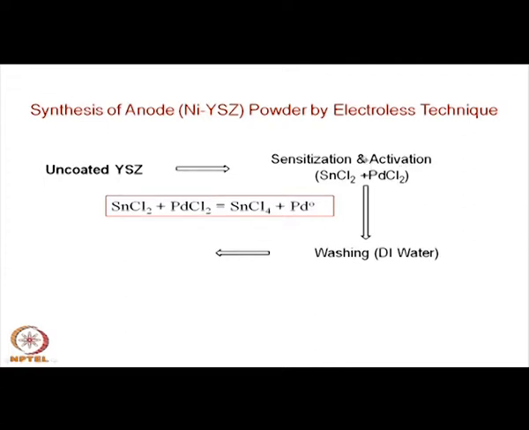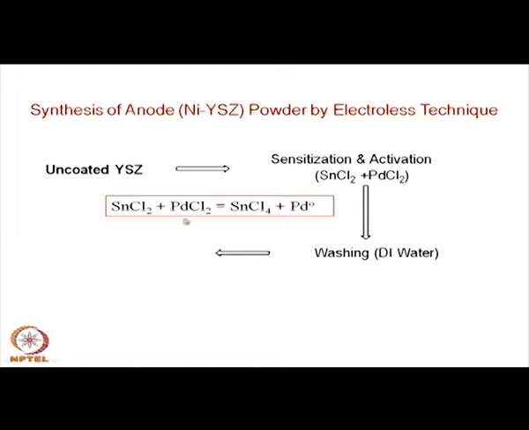These two purposes are served by stannous chloride, SnCl2, and palladium chloride. One acts as the sensitizer and the other as the activator, and you just add them one after the other.